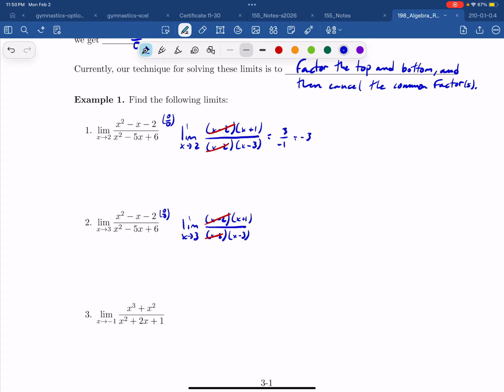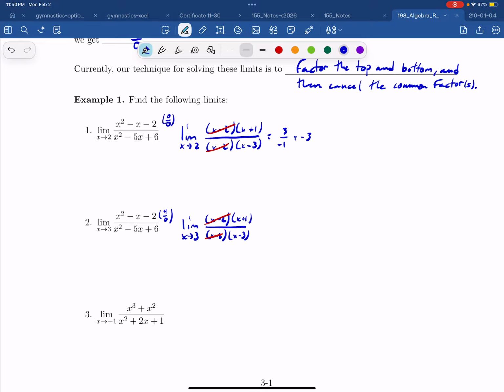Actually, never mind. Scratch that. We actually don't get 0 over 0. When we plug this in, we get 4 over 0. So in this situation, it looks like we're headed toward an infinite limit.